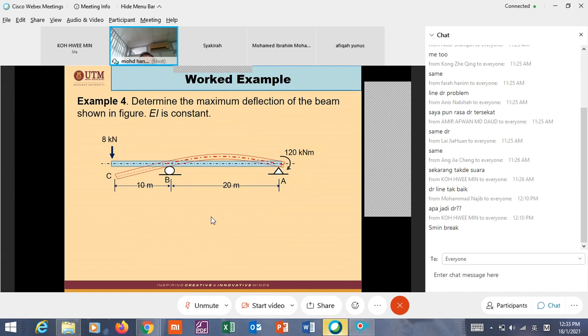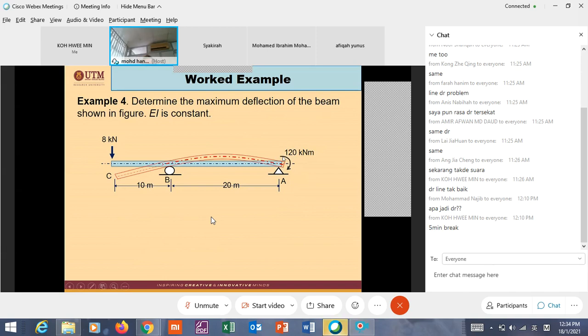Yeah, because at this connection, there can be some other member here that is subjected to torsion, or there can be some couple of force here that introduced a bending moment.